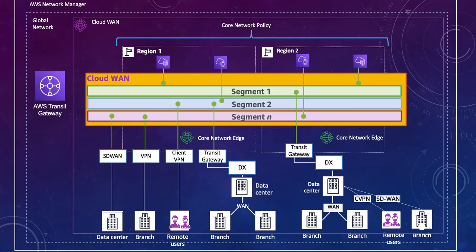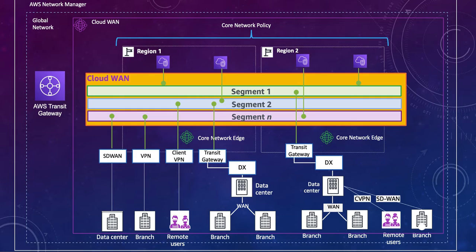You can create a segment for your development environment, a segment for a production or stage environment, or for the shared services, or a segment can be one of your business units. Suppose you have 10 different business units, you can create 10 different segments, one for each business unit, and these can connect with your VPC, with transit gateway, your client VPN, SD-WAN. So there are a lot of things which can be attached to it.